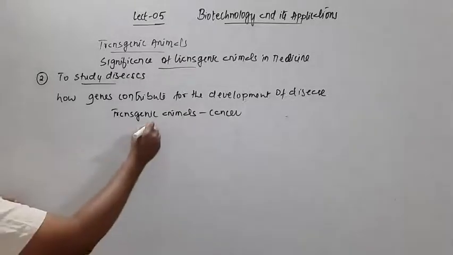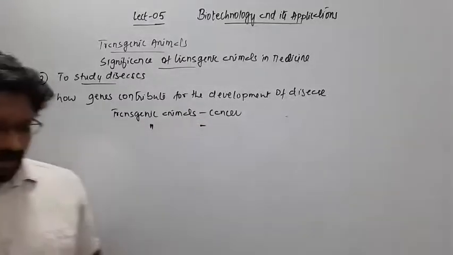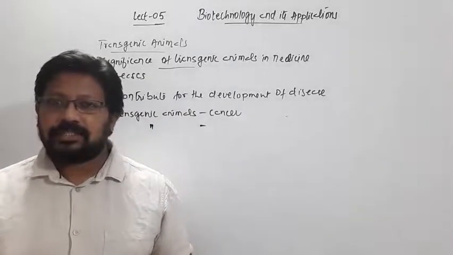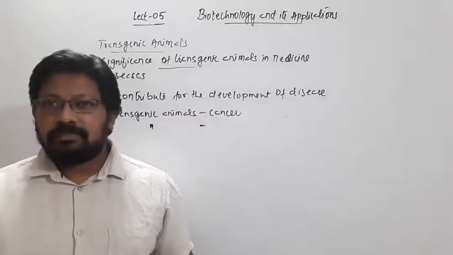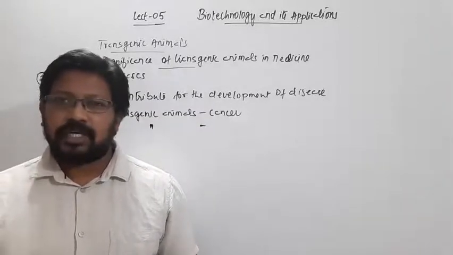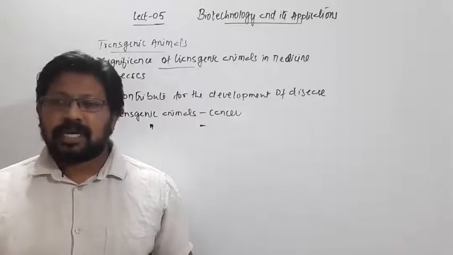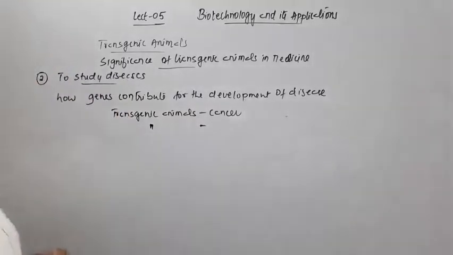These diseases are quite difficult to treat compared to other diseases. There are many diseases that don't have a permanent treatment. For them, we are developing these transgenic animals and doing research on them, trying to find a proper solution to treat those diseases.